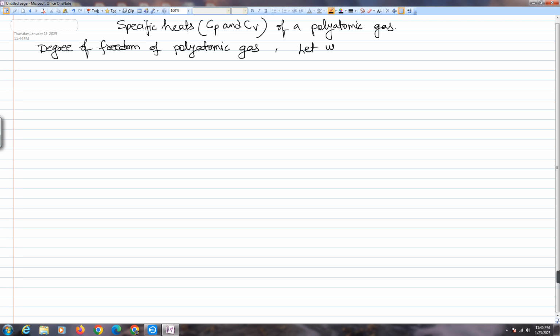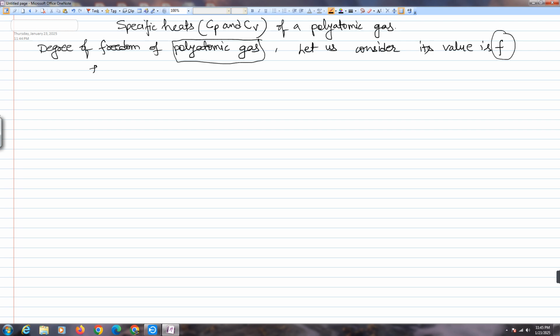Let us consider its value is F. That means the degree of freedom of the polyatomic gas is F. And one more thing, the amount of substance, as usual, will be 1 mole, correct?